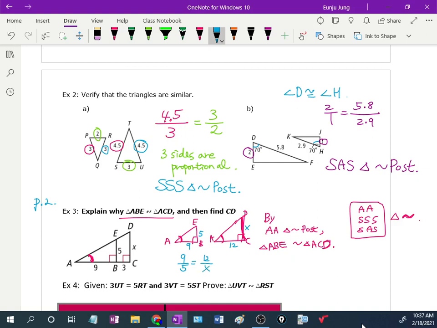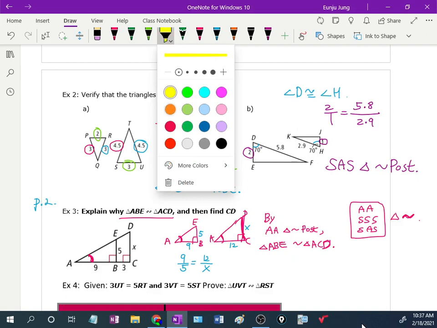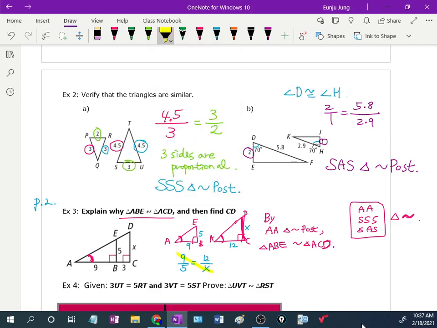So this is the equation we need to solve. How do we solve? Cross multiply. So let's cross multiply, okay? So what do we get? 9x equals 12 times 5, right? So what is next step? Divide everything by 9.